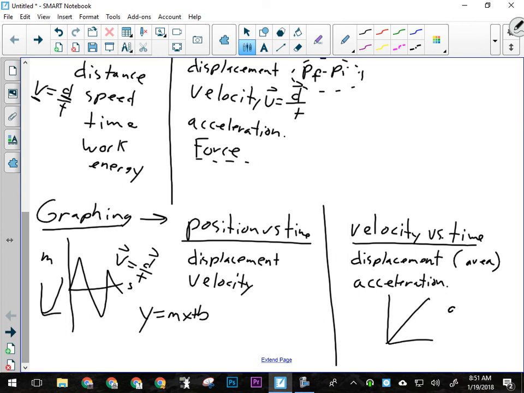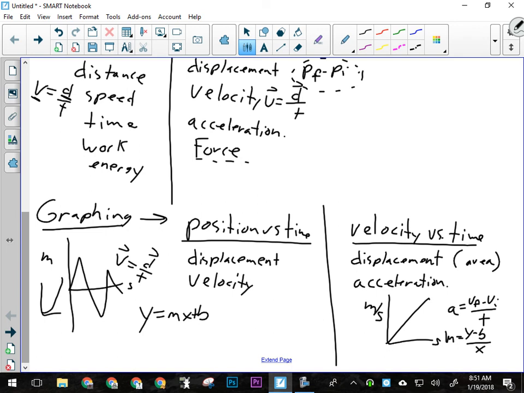That's one of the ways I could use the formula, Vf minus Vi over t. I could do that, but that formula came from what formula? Slope. If I do this, that's the same as saying m equals y minus b over x, because this is meters per second and this is seconds. Y is Vf, b is Vi, x is t.